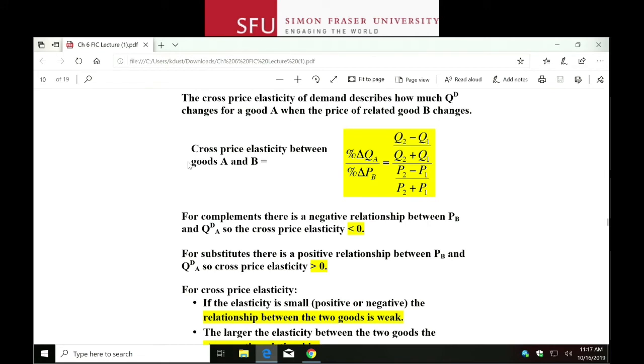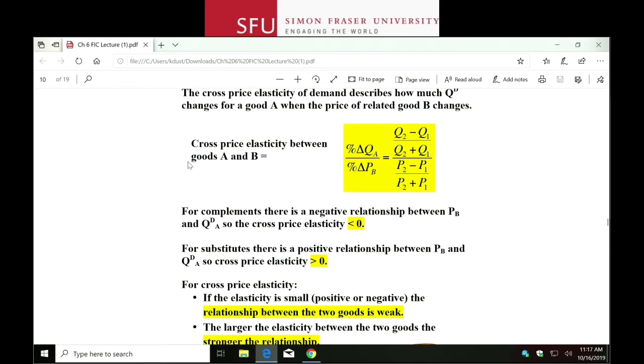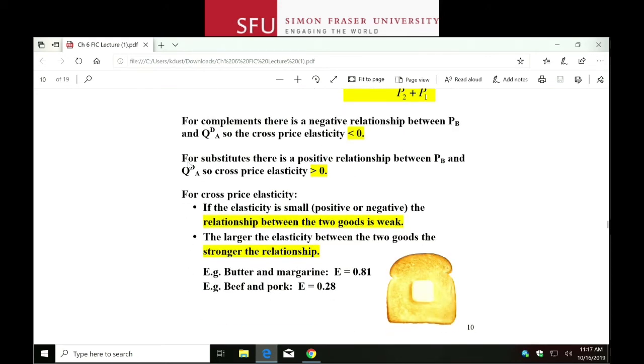If you get a small number, it's just a weak relationship between the goods. And a larger number, positive or negative, means a stronger relationship between the two goods.